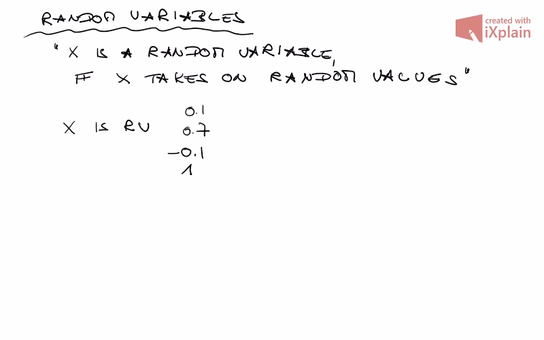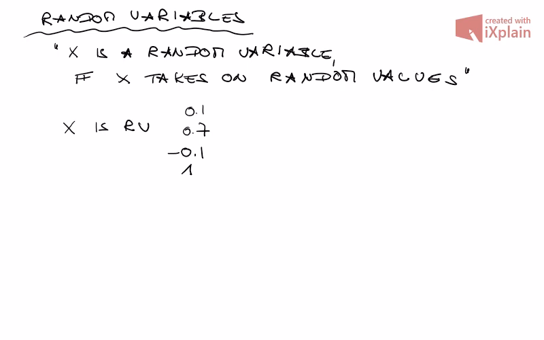And the idea of probability theory and talking about random variables in our context is, of course, that we make some statement that defines in some way how it takes on these random values. It's not like anything goes, but we will actually associate probabilities with the values that a random variable can take on.